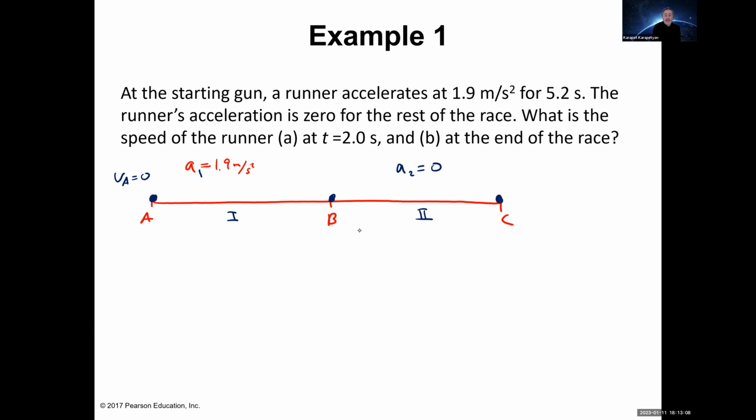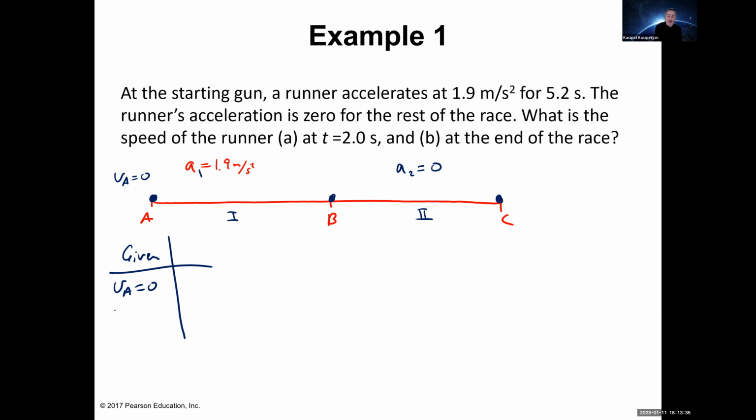Now, the idea here is you always like to write down the information that is given to you. Read the problem one time entirely, then read it a second time, and then start writing down what's given to you. Some of the information can be given to you directly, some of it indirectly. So for example, right now we are told directly that the object starts from rest, and that means initial velocity at A equals 0.